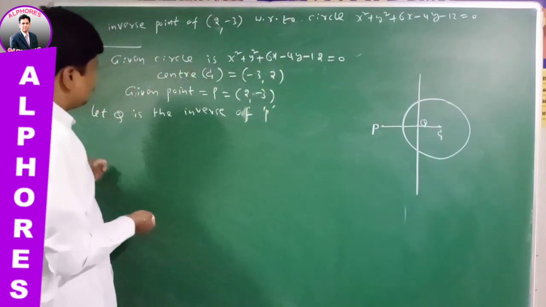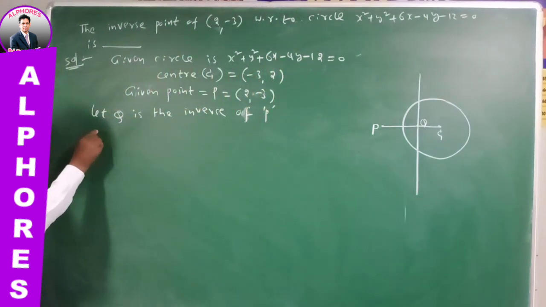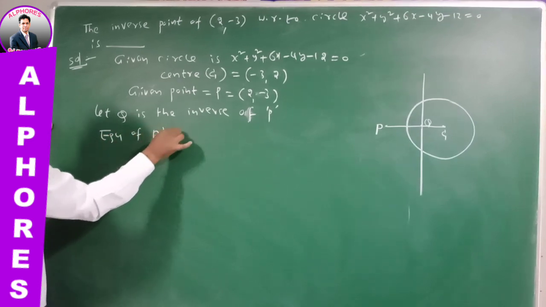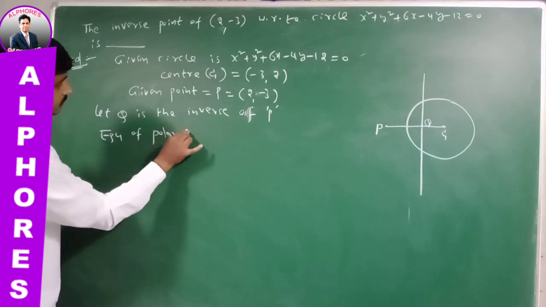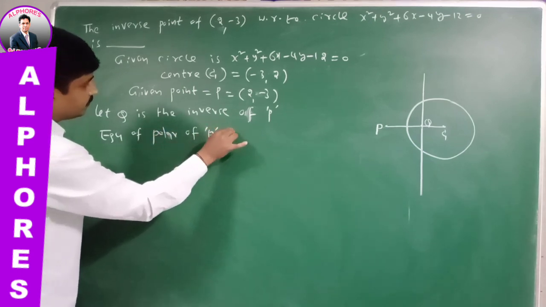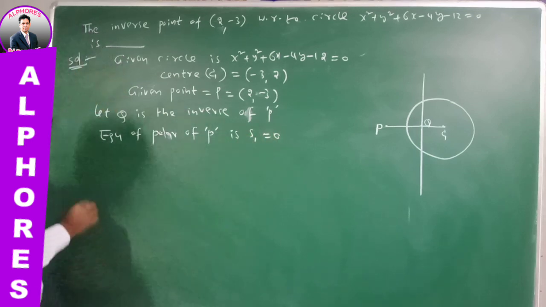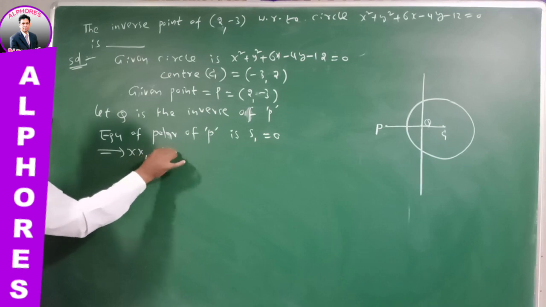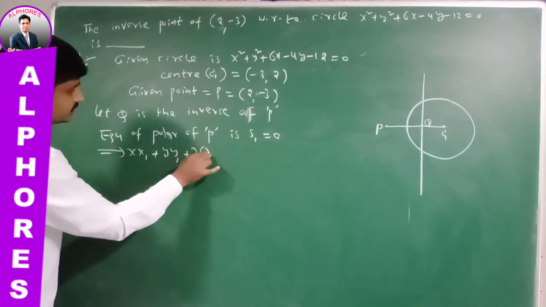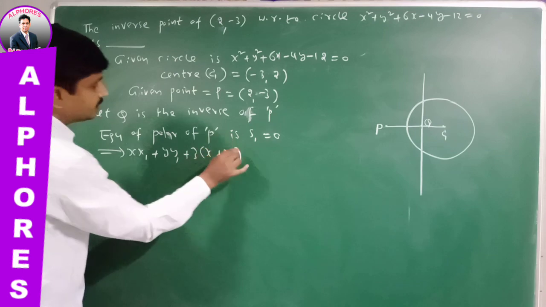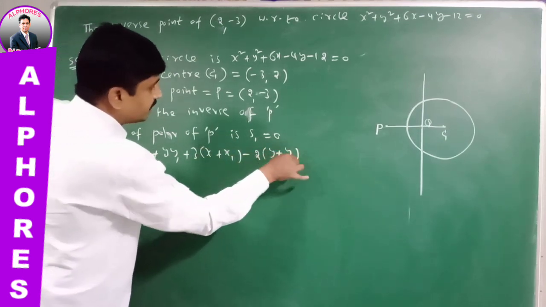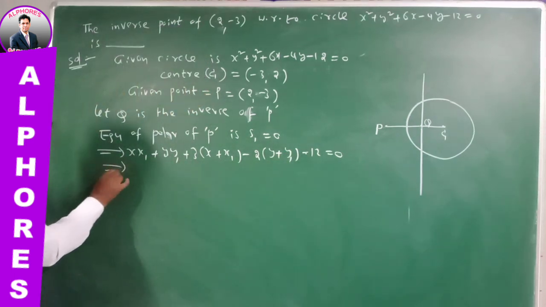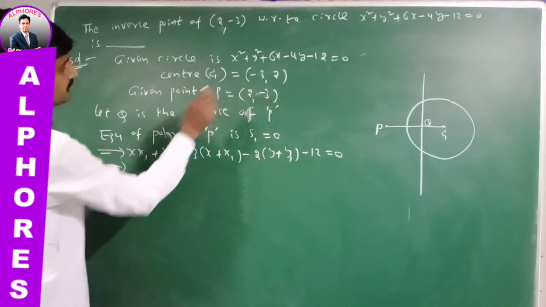Right, here first find the polar of P. The equation of the polar is S1 equal to 0 for the given circle: x x1 plus y y1 plus 3 of x plus x1 minus 2 of y plus y1 minus 12 equal to 0. Next, x1, y1 means 2 comma minus 3.